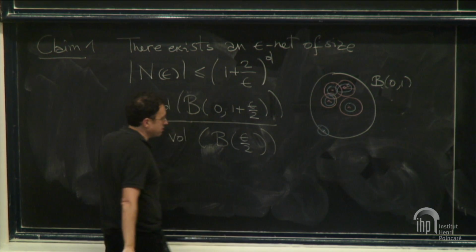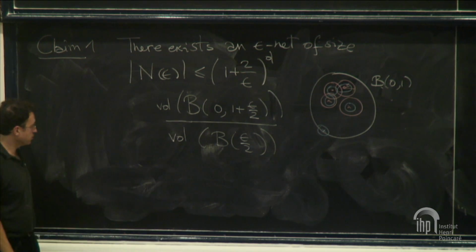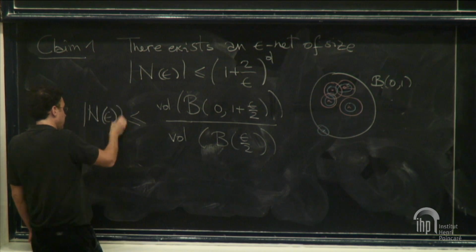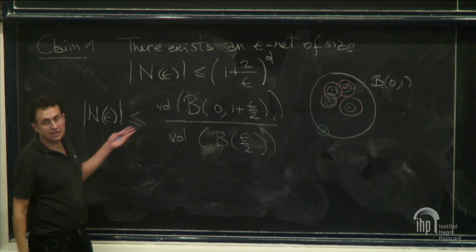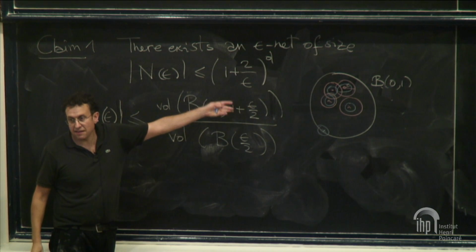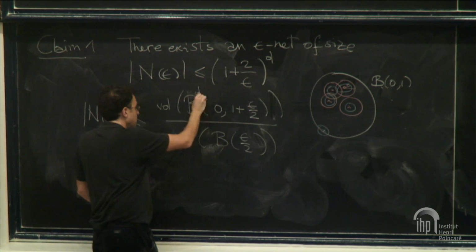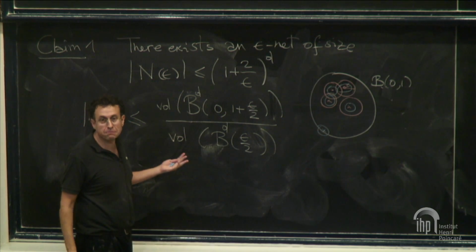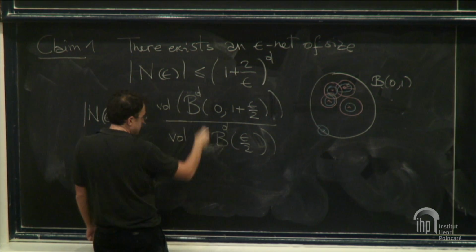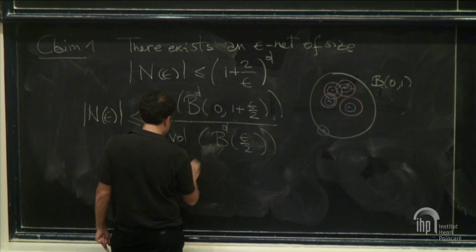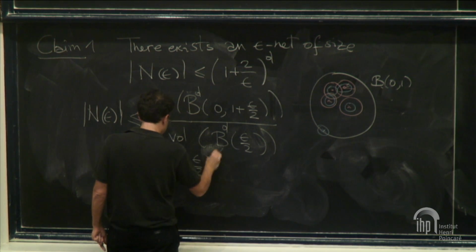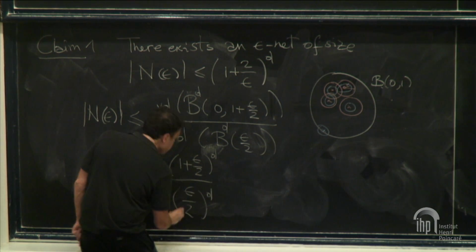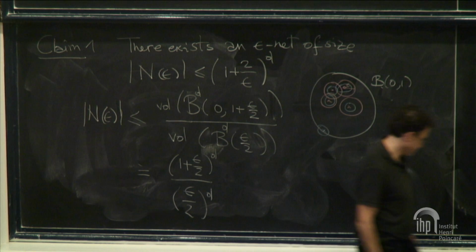All the blue balls don't intersect. End of story, right? Because the volume is what? It's a constant times radius to the d, some constant that nobody ever remembers. But I don't need the constant because I'm taking the ratio. Okay, so this is claim number 1.